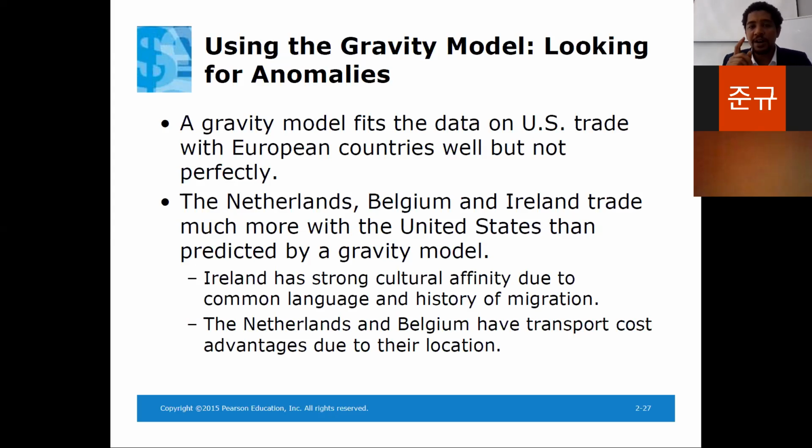So even though the gravity model explains the trade volume between two countries using this computation, there are some anomalies, or it might not predict very well, because international trade might also be affected by cultural affinity, transportation cost, distance, and other factors.